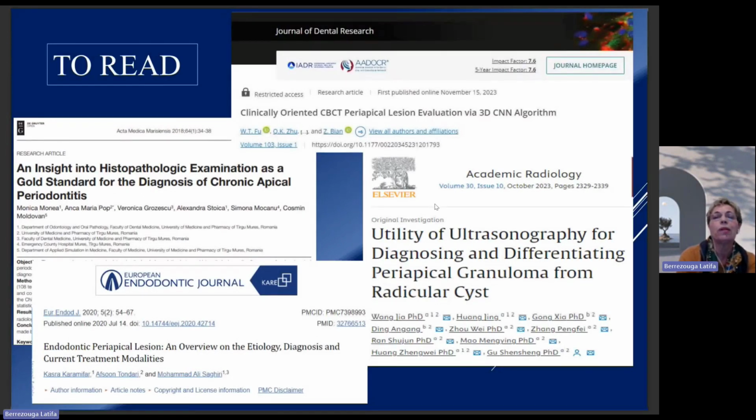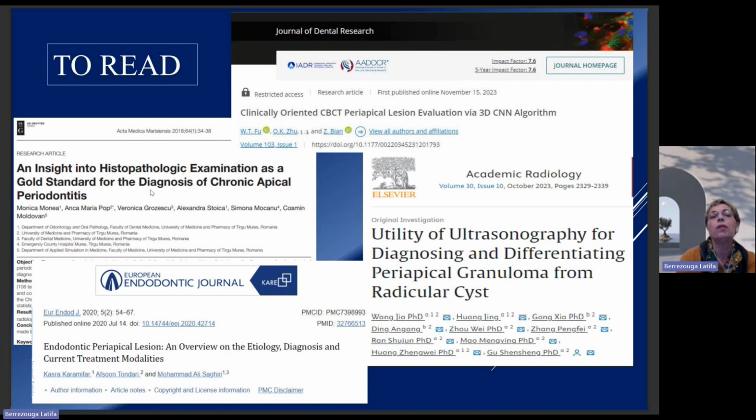So if you want to know more about apical periodontitis or periapical lesion, either the diagnosis or treatment, there are different types of interesting papers here, for example, clinically oriented CBCT periapical lesion evaluation via a 3D CNN algorithm. This is very recent.